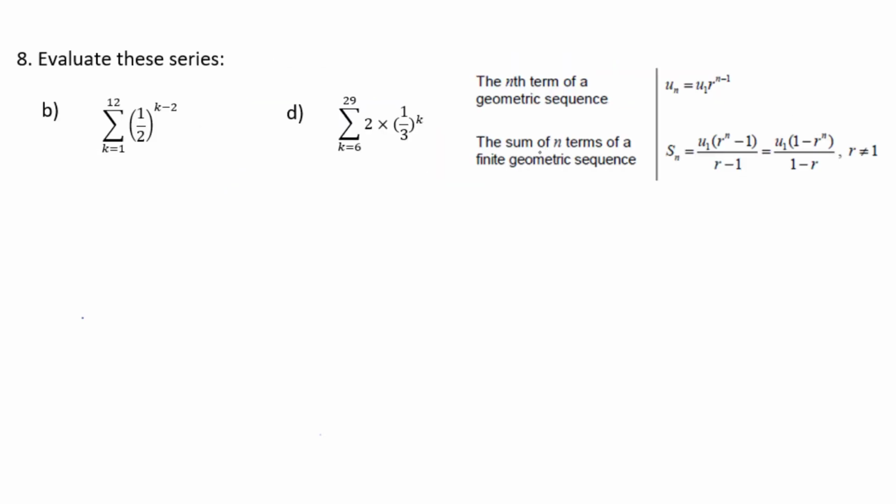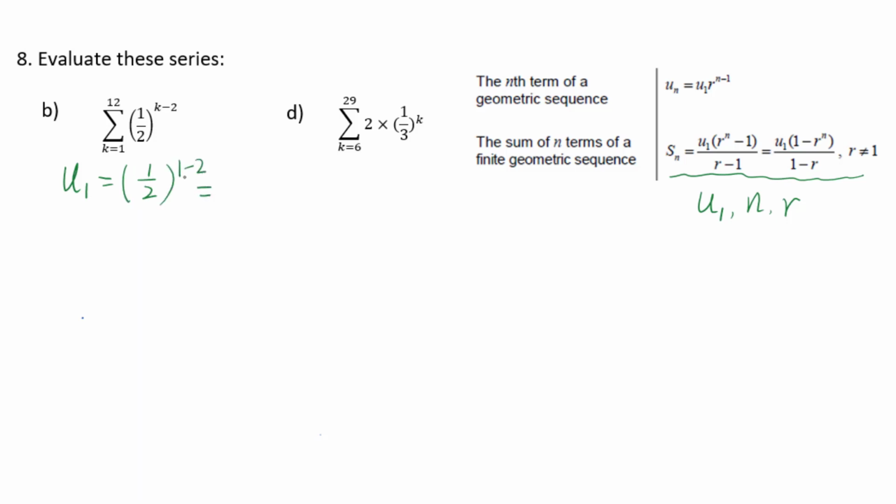We know the sum of n terms of a geometric sequence is this formula. As long as we can figure out u sub 1, n, and the common ratio, we can use this formula to figure out S sub n. So for B, first of all, we will figure out u sub 1. That equals 1 over 2 to the power 1 minus 2.